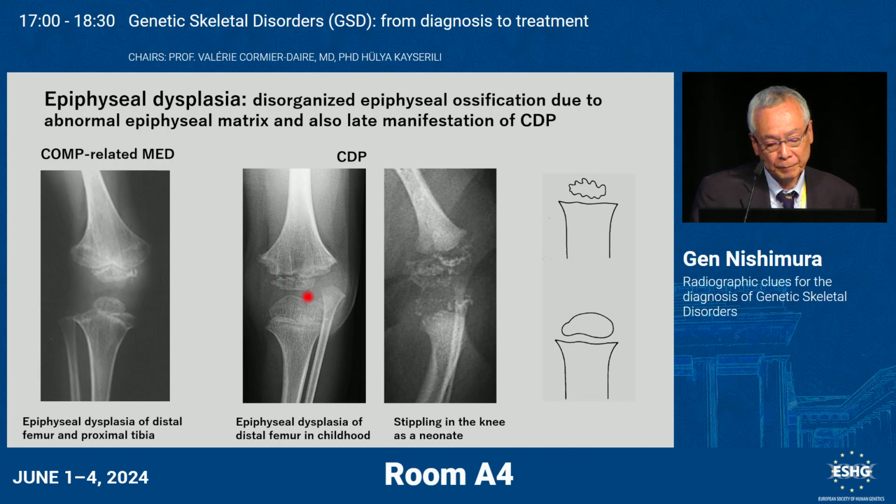You can see epiphyseal dysplasia, small irregular epiphyses in the distal femur, but the proximal tibia looks normal. As a neonate, this case shows severe punctate calcifications, but the consequence is variable from place to place. In this case, you can see epiphyseal dysplasia only in the distal femur, but not in the proximal tibia.